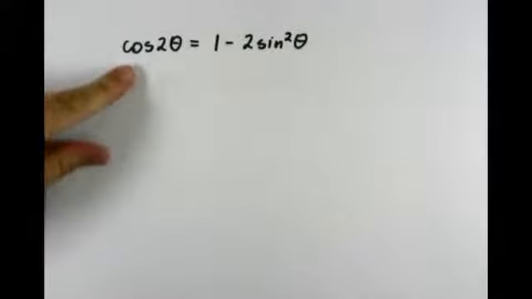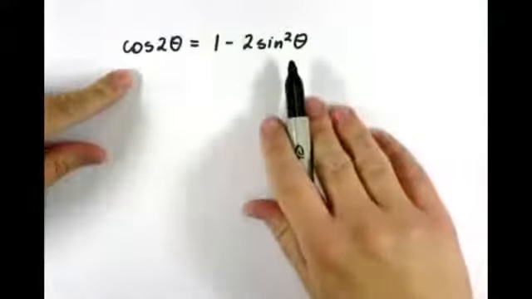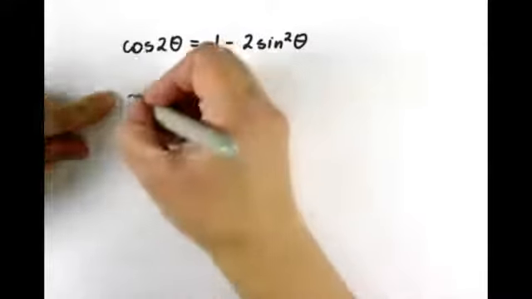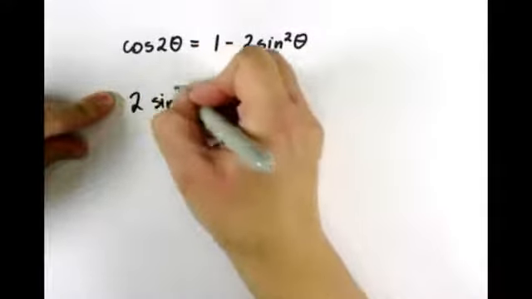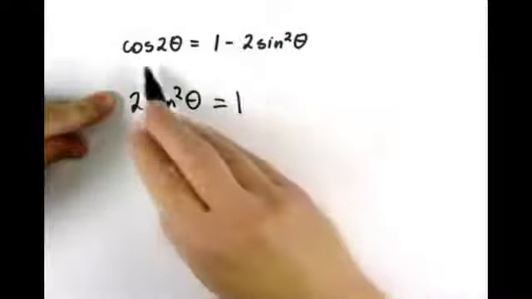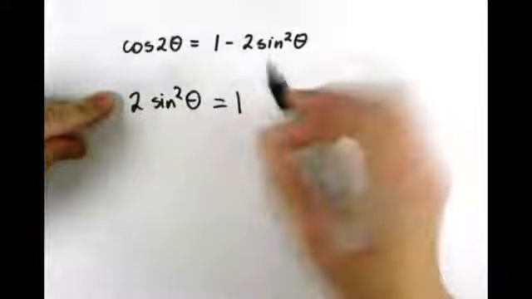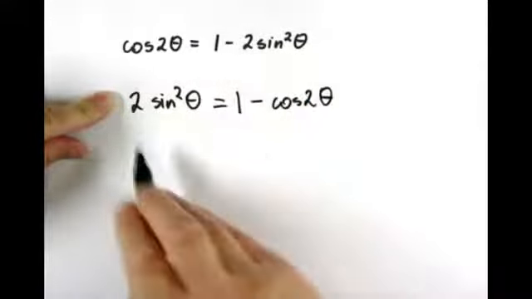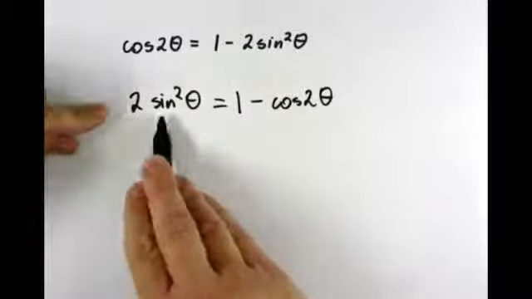Okay, let's solve for sine theta from this equation. So let's bring the sine square over. So I have 2 sine square theta is equal to 1, and let's bring this cos 2 theta over, minus cos 2 theta. Let's divide by 2. We are solving for sine.